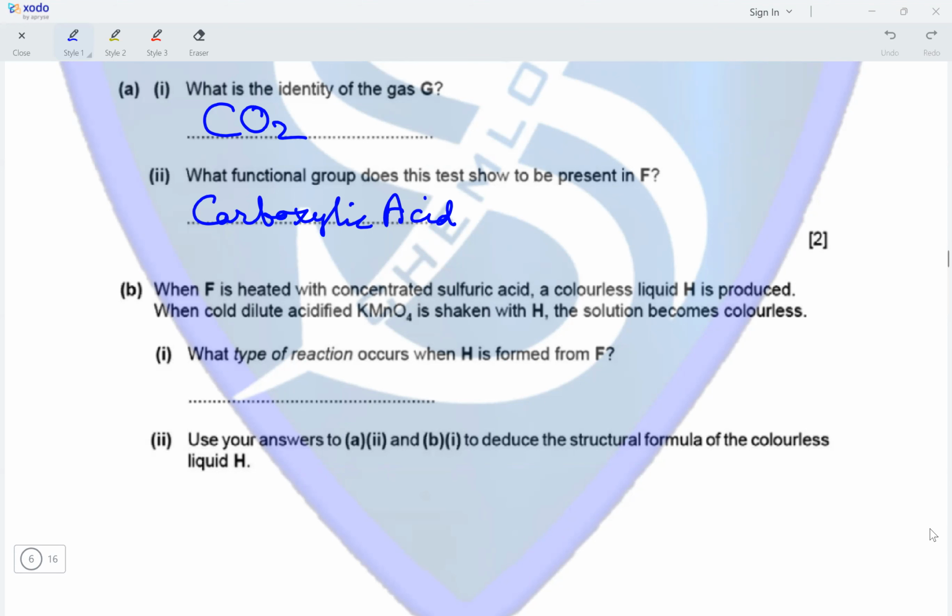So when H is formed from F, we have removal of a water molecule, because of which there is introduction of a double bond, as shown by the reaction with cold dilute acidified KMnO4. Removal of a water molecule can either be called elimination or it can be called dehydration.